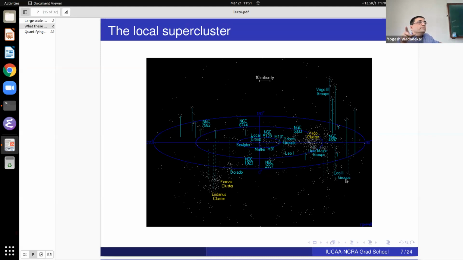Similarly, our immediate environment seems to be a little bit more special. The probability of having a cluster as massive as the Virgo cluster, so close to us, 16, 17 megaparsecs away, is quite small.